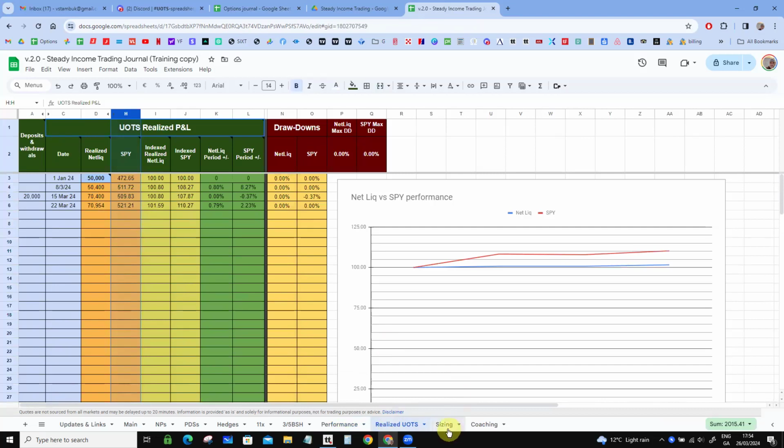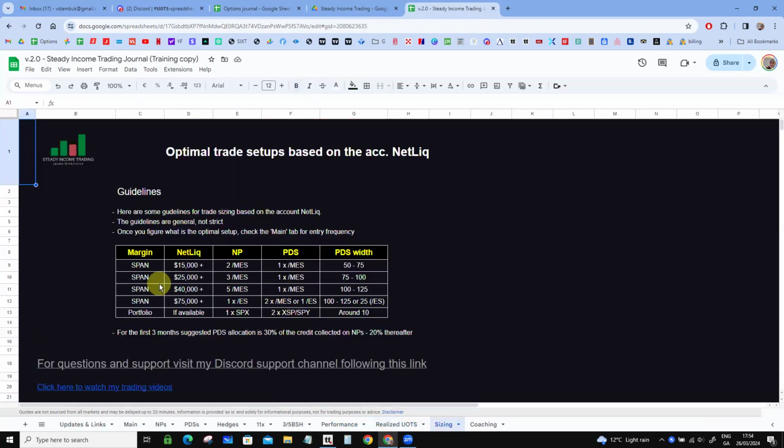And the next one is sizing. Keep in mind, this is just a vague attempt at giving some guidance so that you don't start completely blank. It's really not strict, and you don't have to follow this. It's just to give you an idea if you're really just starting out and you don't know where to start.